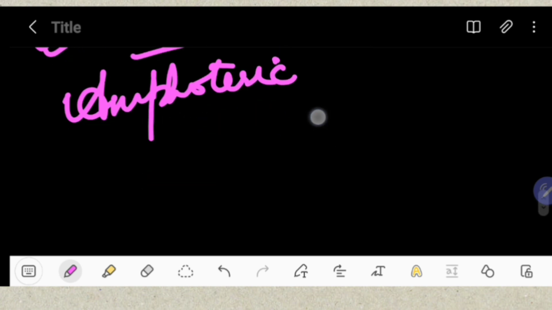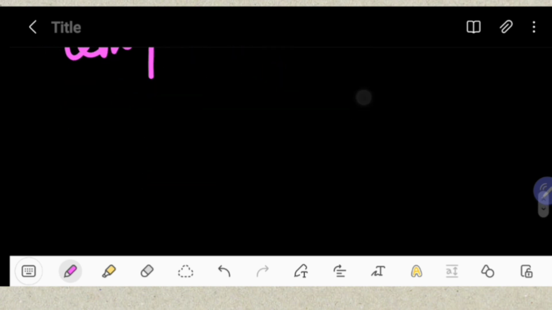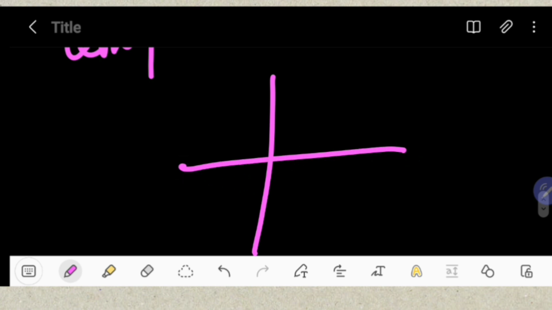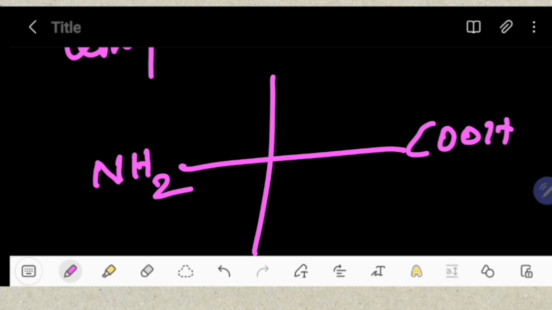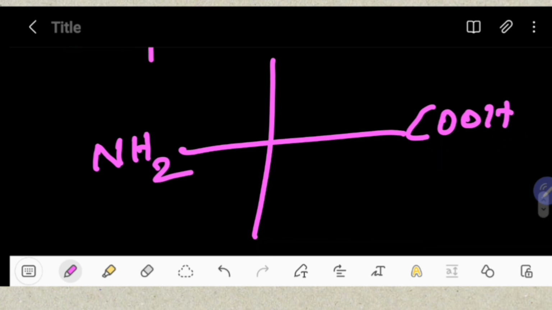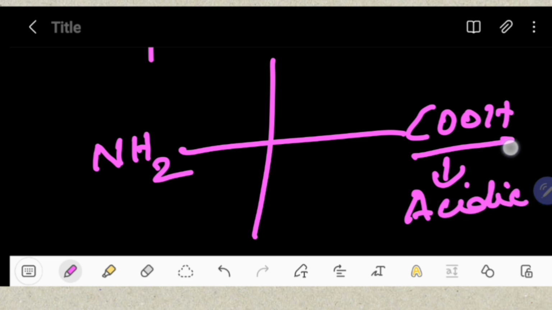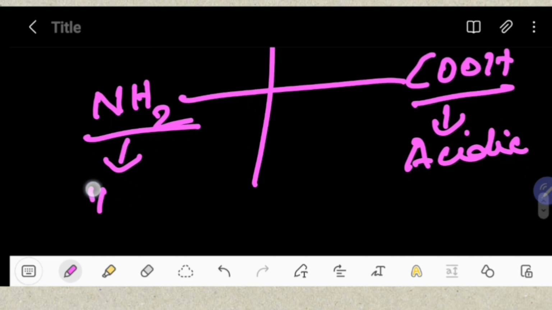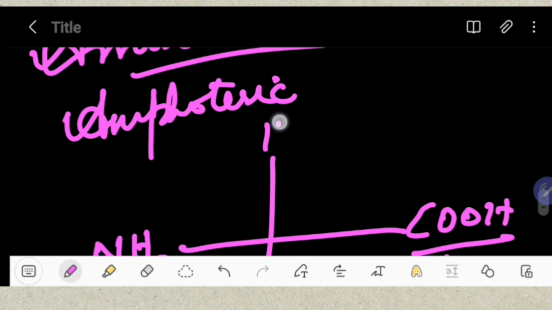Do you know why they are amphoteric? Because they show both basic and acidic nature. In the structure, COOH is present and NH2 is present. COOH shows acidic nature and NH2 shows basic nature. When both come together, it is an amphoteric carbon. And here you can have an alkyl group, and here you have hydrogen.